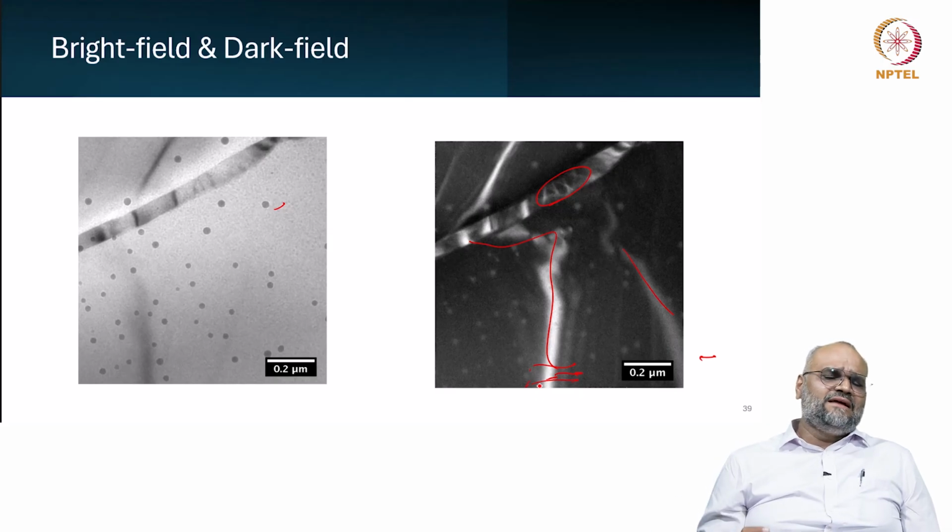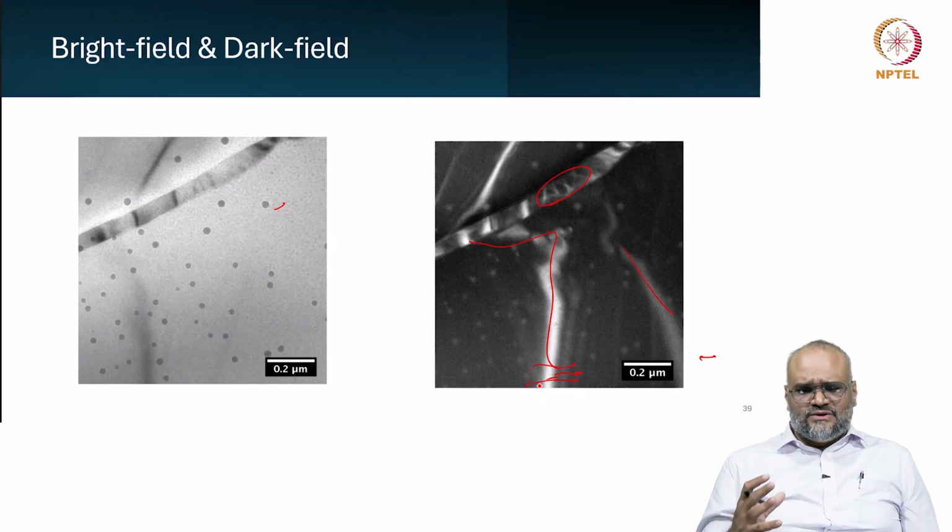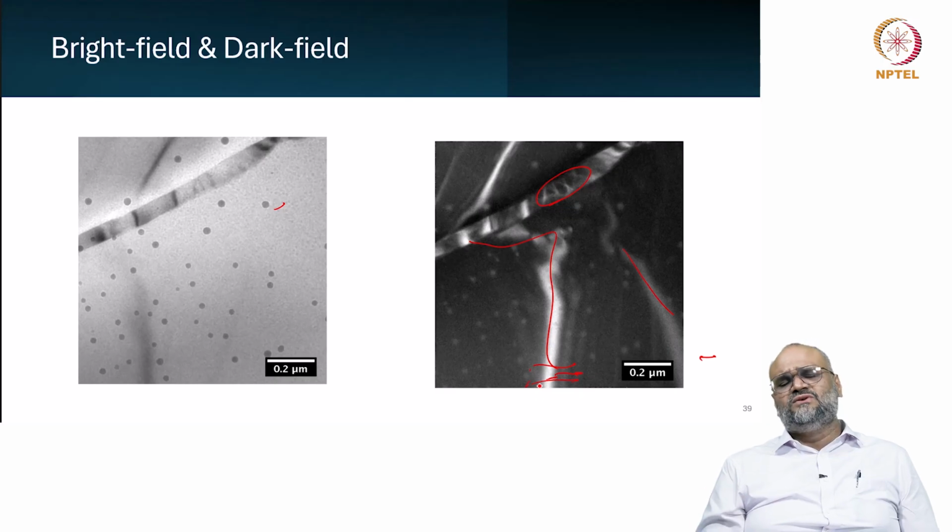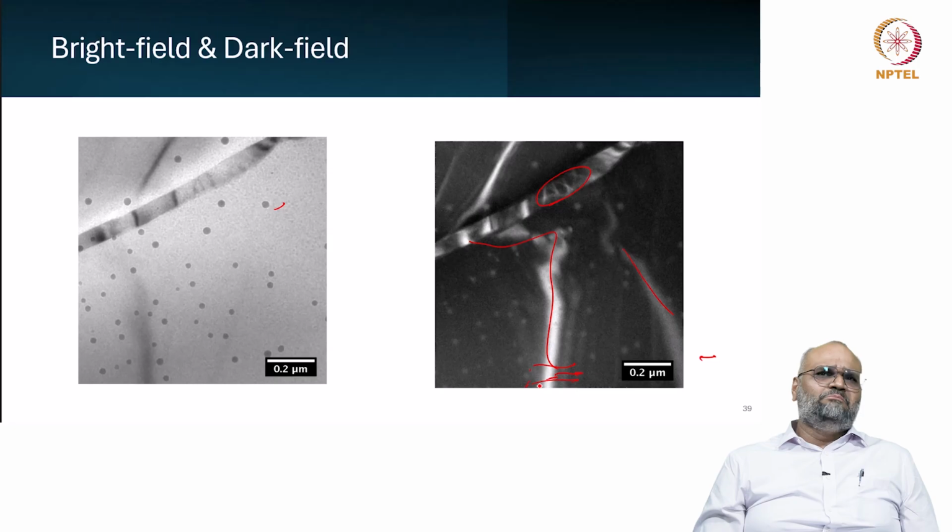And the primary mechanism of the contrast that you get in bright field and dark field imaging is due to the amplitude contrast, which in turn depends on the mass thickness and the diffraction contrast.